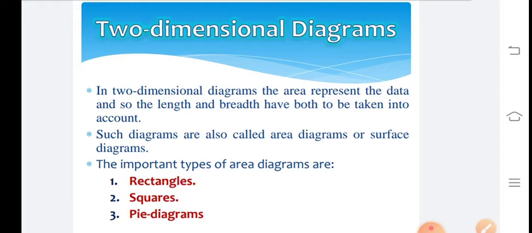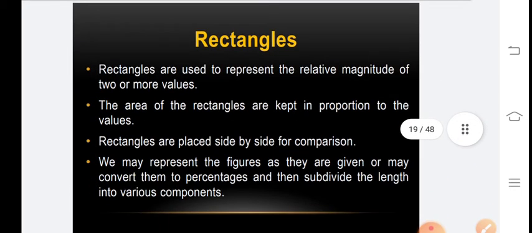So now in this session we will see the rectangle diagram. Rectangles are used to represent the relative magnitude of two or more values. With the help of this rectangle diagram we can show two or more values for comparison purposes.